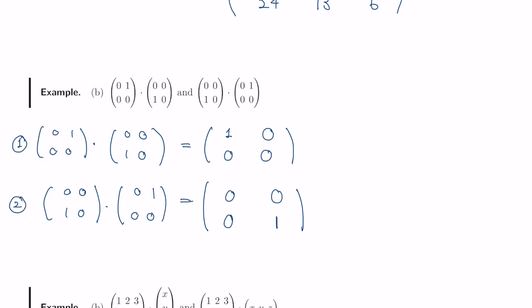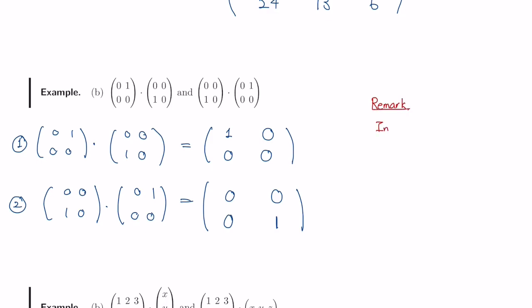But something interesting happened. Something interesting that is different from multiplication of real numbers is that the order of multiplication is very important. It turns out, for example, you call them A and B, A times B and B times A can be different, because these two matrices are obviously different. So let me put a warning here. Remark.